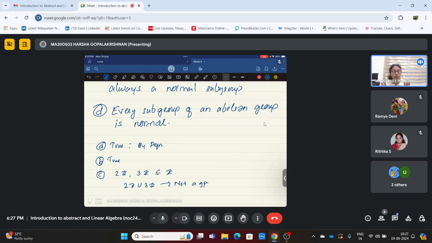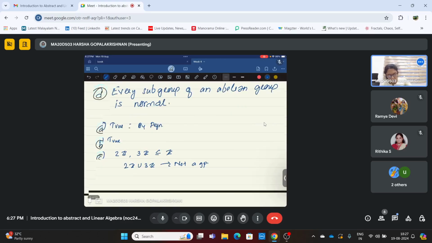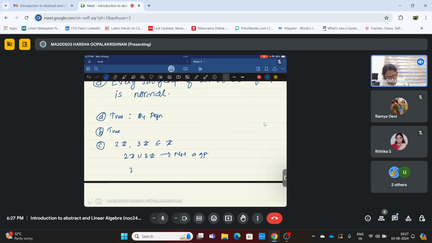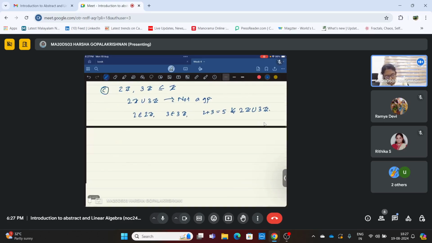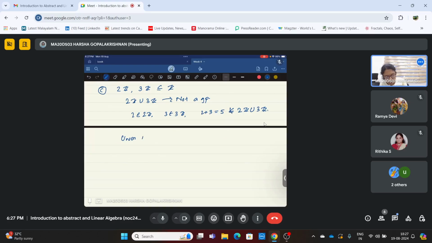Why is it not a group? For example, 2 belongs to 2Z and 3 belongs to 3Z, and 2 plus 3 equals 5, that does not belong to the union. Under addition, it is not closed. So the union is not a group, and there is no need to check normality. So it is not a normal subgroup also.